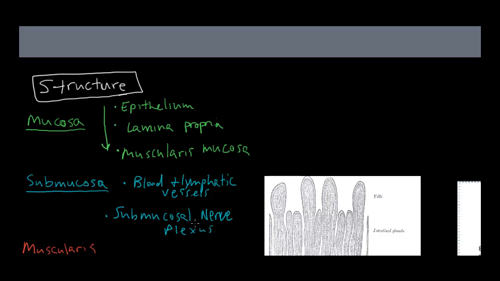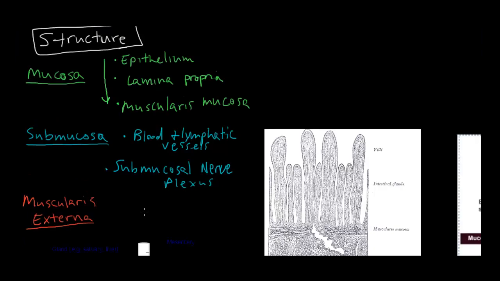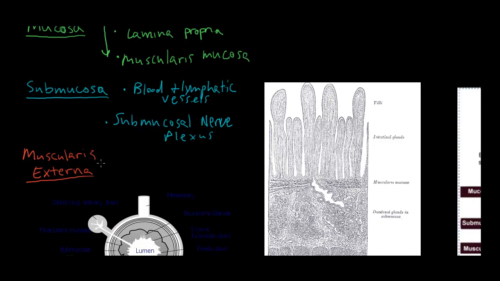And plexus is just a group of nerves. And then as we move further down, we have the muscularis externa.